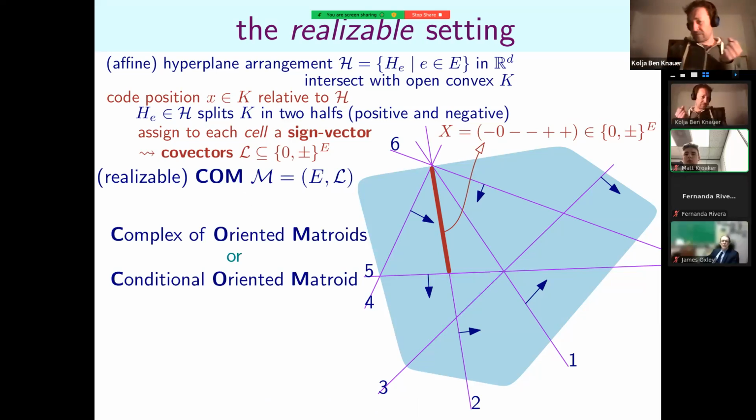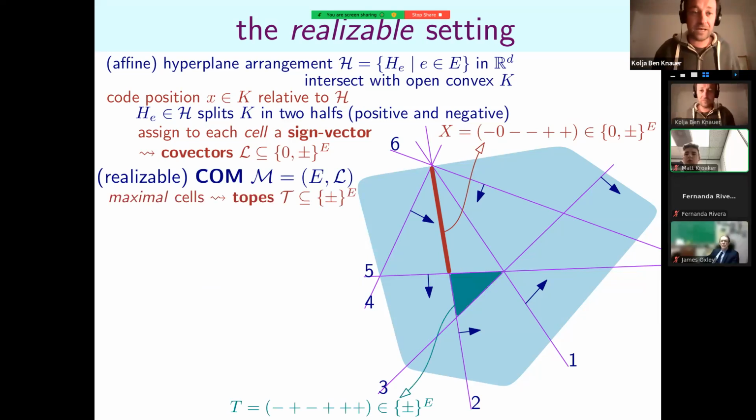There are several special cells in this cell complex, in particular the maximal cells. These are called topes. Since points in there lie on none of the hyperplanes, these vectors will actually be just plus-minus vectors.